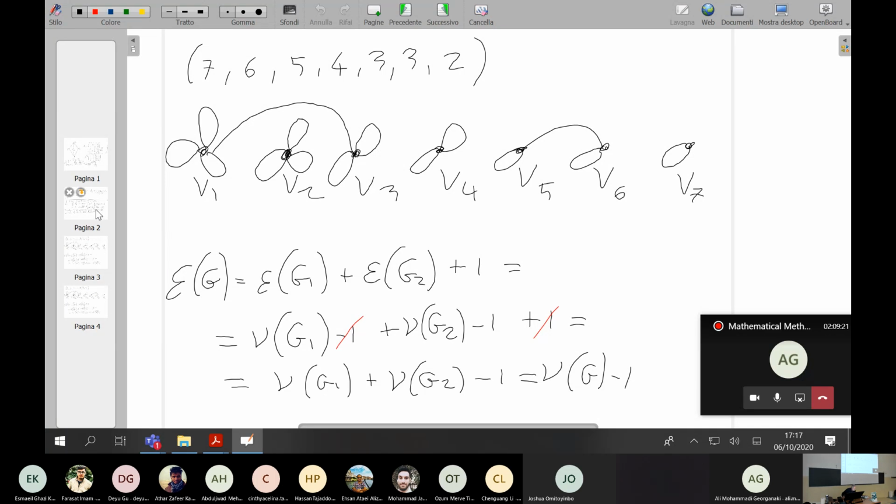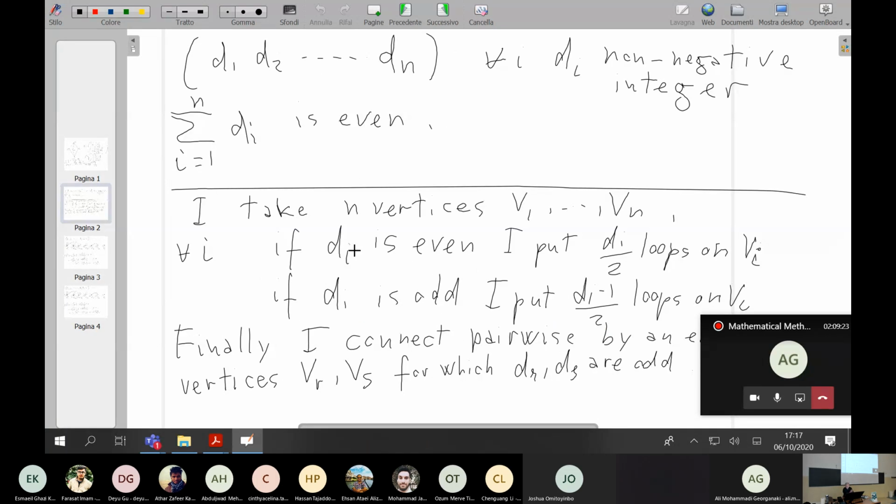Wait a minute. Here. Okay. So, what was my goal? You give me any finite sequence of non-negative integers with the only constraint that the sum of these numbers is an even number.